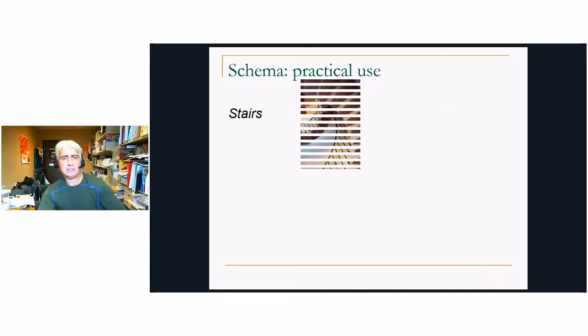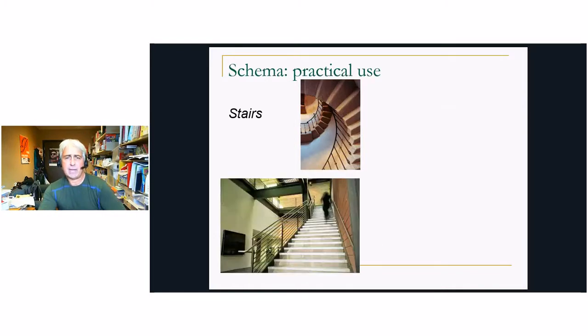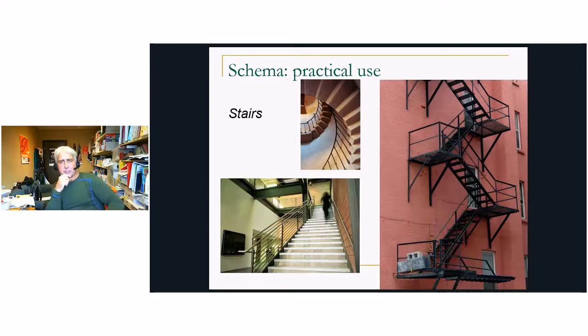So, looking at stairs, we have an image of stairs here. These are also stairs, and again, the fire escape stairs on the outside of a building. They look different, but they all have the same function.